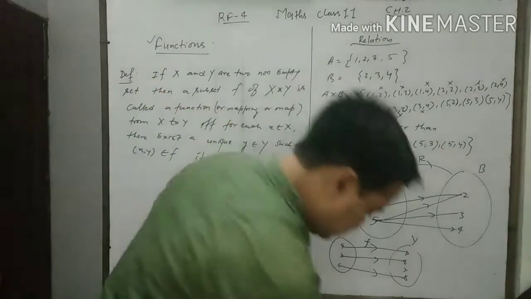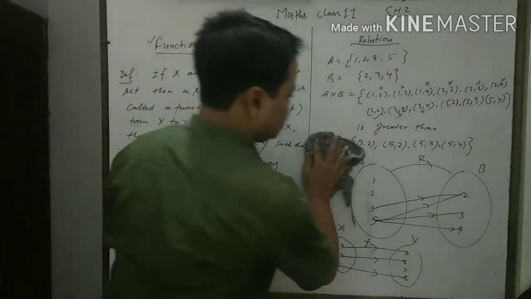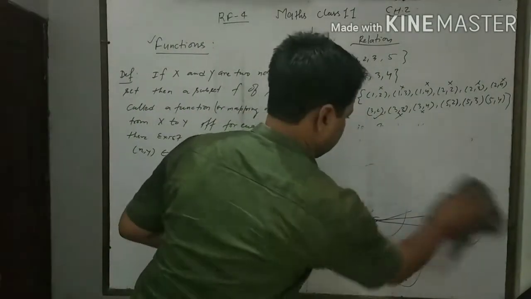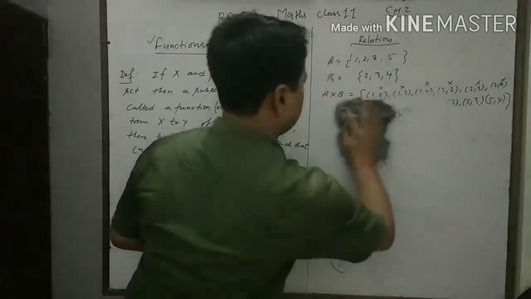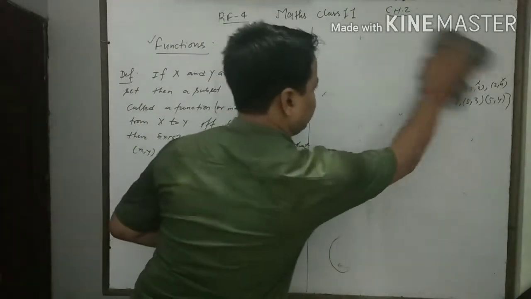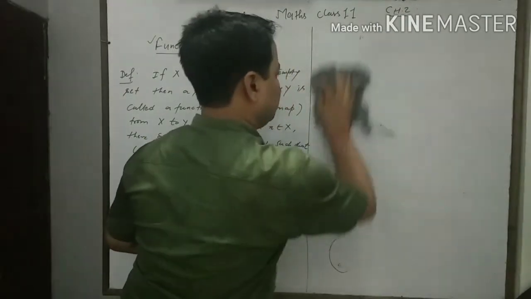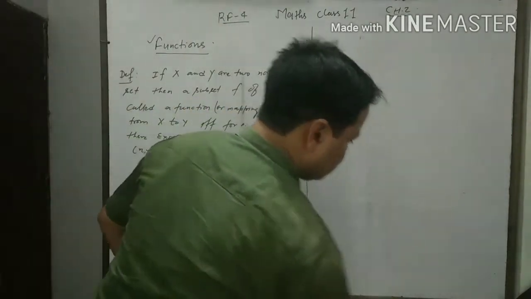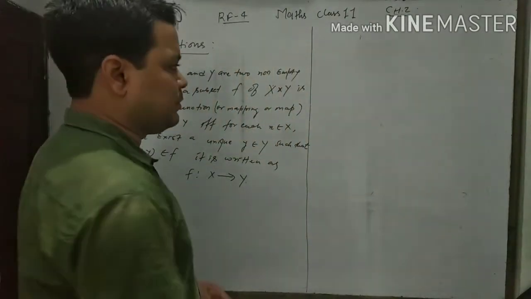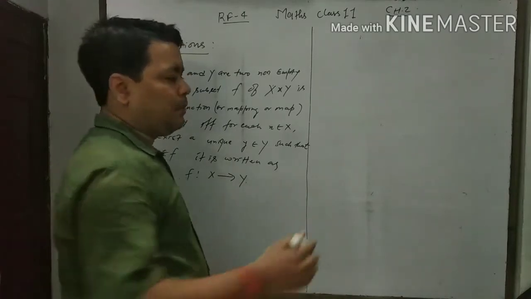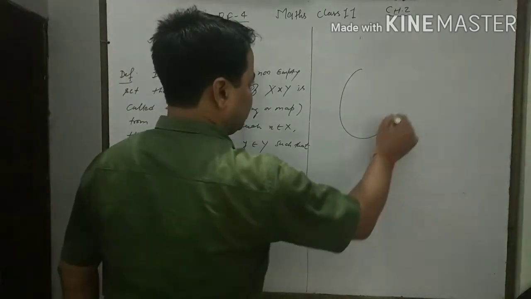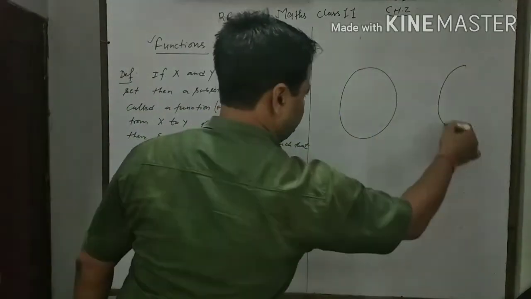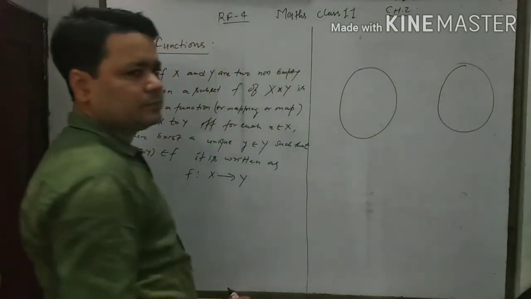One more example. Let us discuss with the help of an example. It will be better if we understand function and relation through examples and basically mapping. Here this is a set and this is also a set.